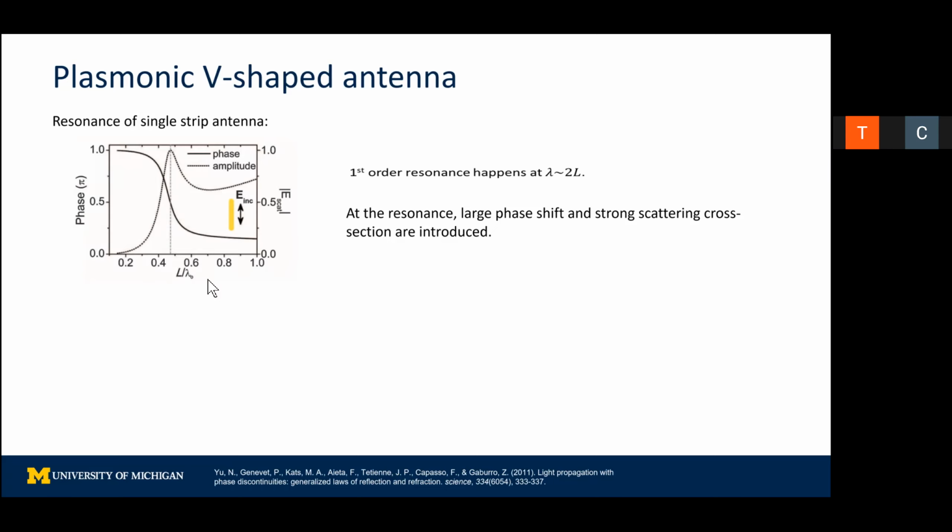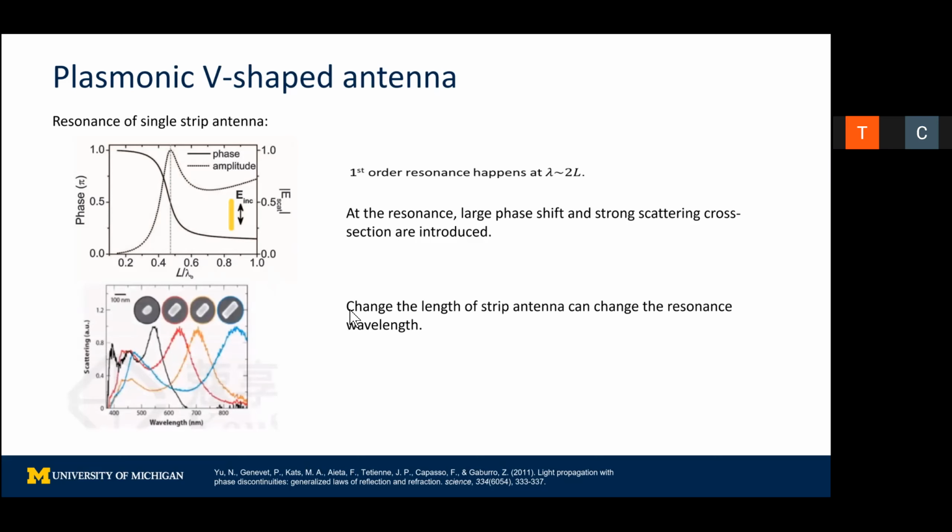Specifically, when you change your wavelength lambda, your first order resonance will happen when the wavelength is around twice the length of the antenna, where L is the length of the antenna. If you look at the phase and also the scattered electric field, at resonance a large phase shift and a strong scattering cross section will be introduced.